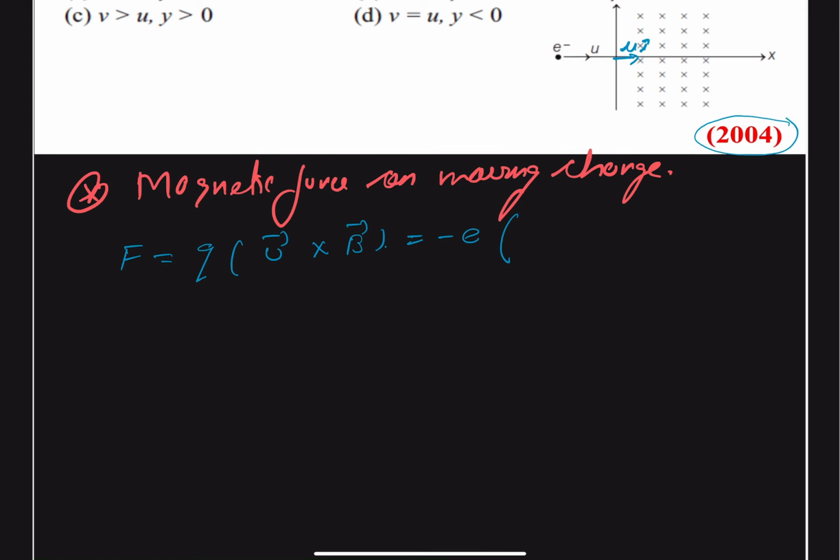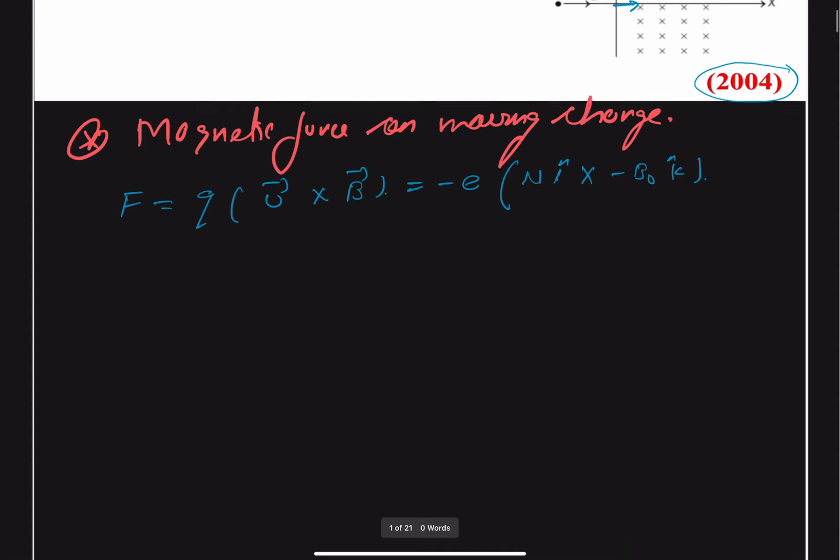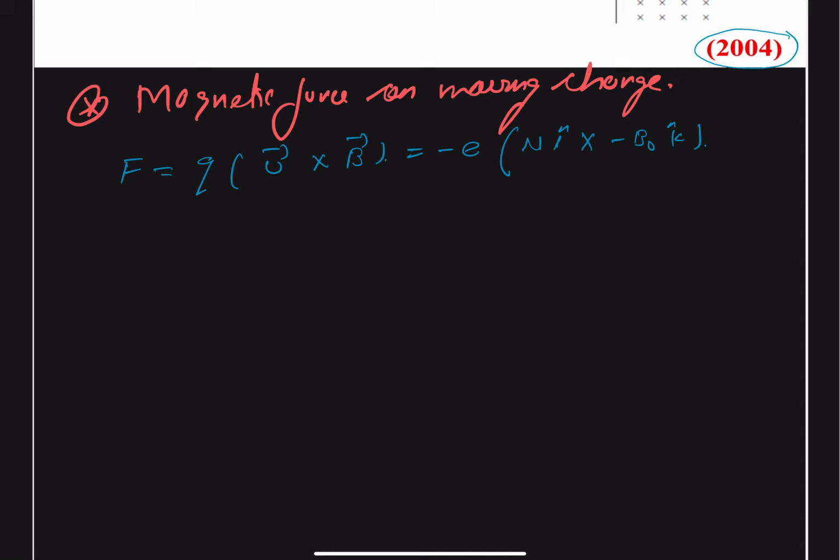So velocity is in the i direction, which gives us u i, cross minus B naught k unit vector, and we can just modify it.